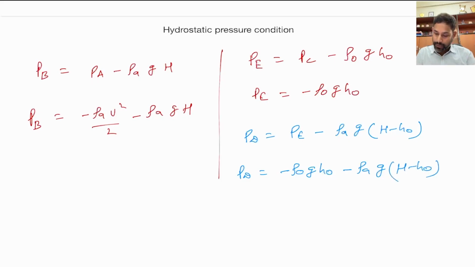This is how we define pressure at point B, point E, and point D, with an assumption of hydrostatic pressure condition. We can consider hydrostatic pressure condition, especially if the gravity current thickness is not very large and the vertical flow is significantly small. We are going to use these pressure conditions in subsequent derivations.